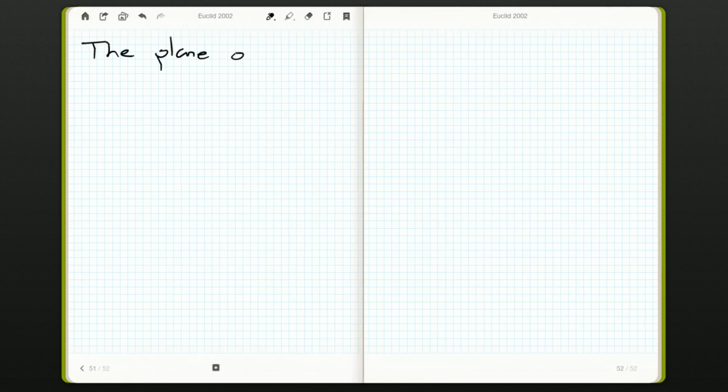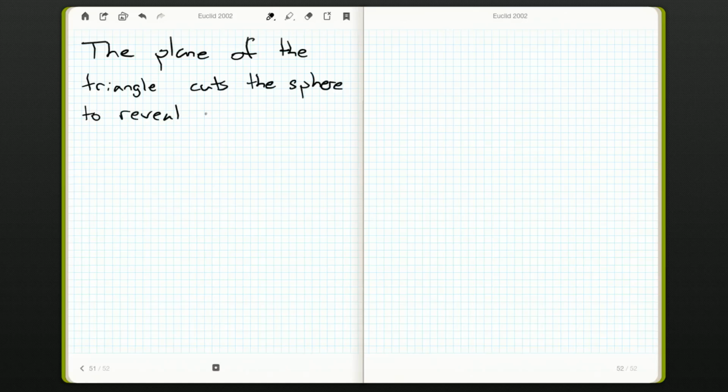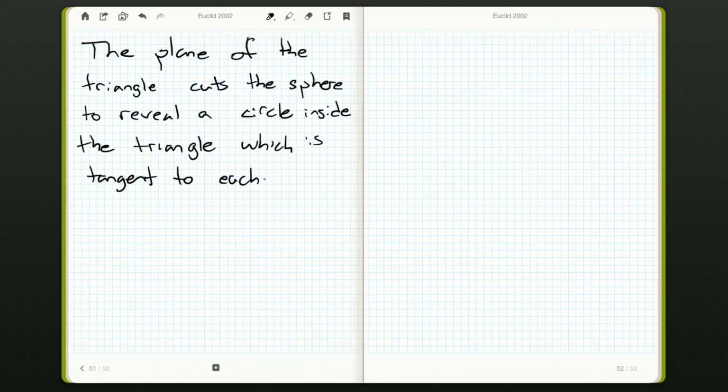So the plane of the triangle, we have a circle inside the triangle, which is tangent to each side.